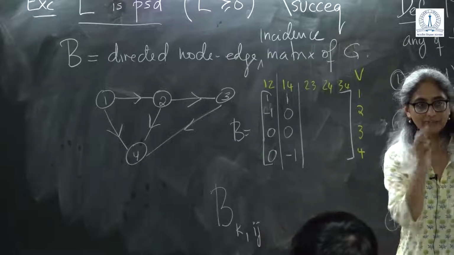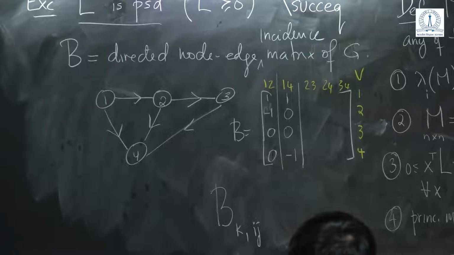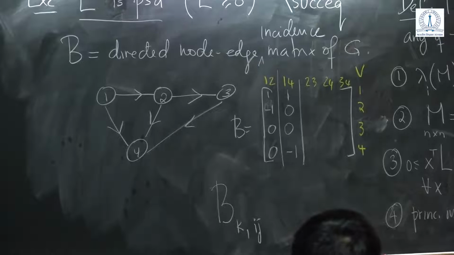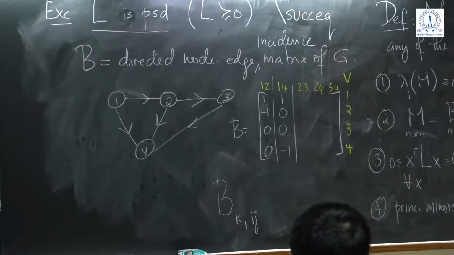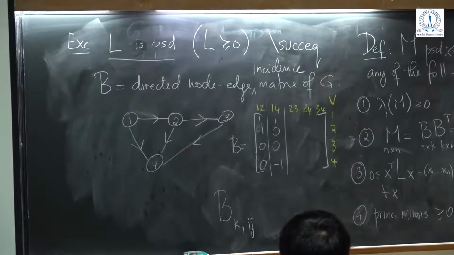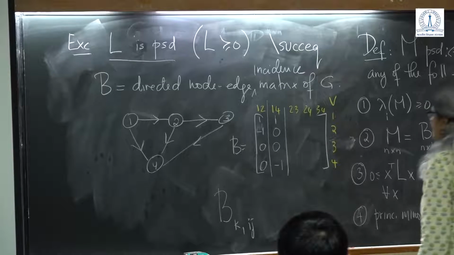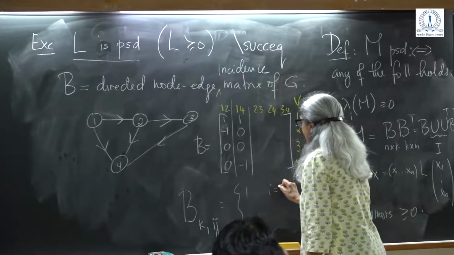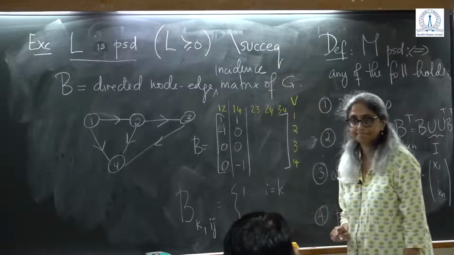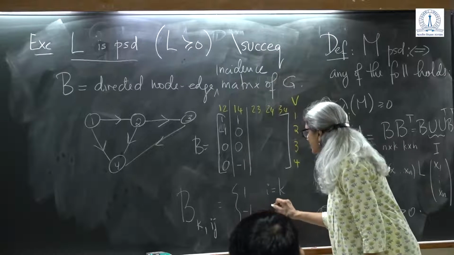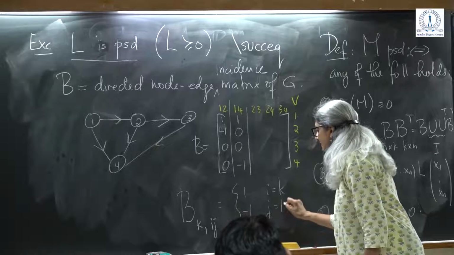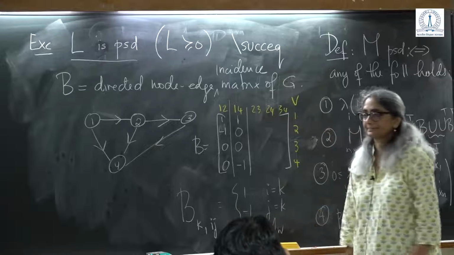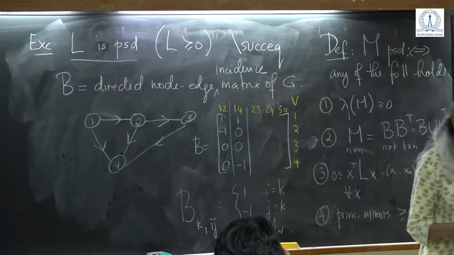So every entry of the B matrix has a vertex as the first index and an edge as the second index. So it's kij, and the rule is it's going to be 1 if i is k, -1 if j is k, and 0 otherwise. Okay, so that's the rule.